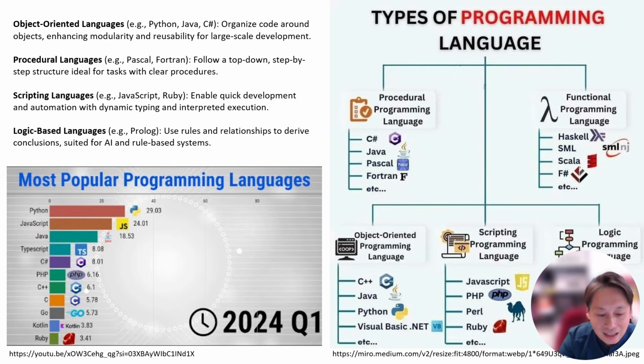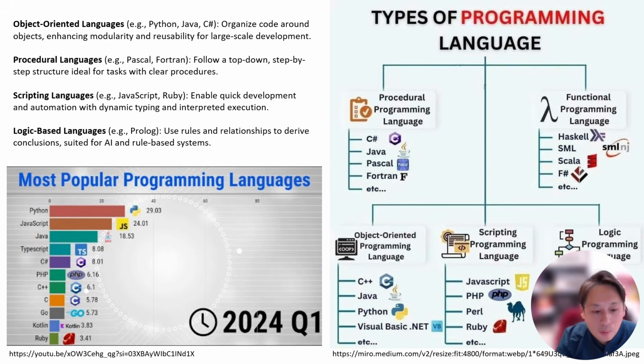Fortran is from the 1970s. Around 40 or 50 years ago, when you worked in banking, you had to learn Fortran, you had to learn COBOL. That is procedural programming. That means we start from line 1, then line 2, then line 3, etc. So this is called procedural programming language.